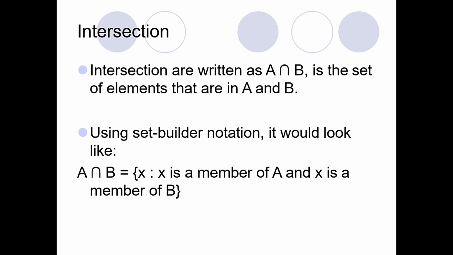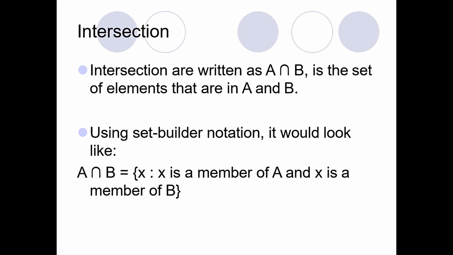Now, let us go to another relationship. This is known as the intersection. The symbol for intersection is the reverse of the union. The intersection A ∩ B is the set of elements that are in A and B. Earlier we said if we talk about union, that is A or B. In the intersection, you consider only the same elements, or the elements that are both in A and in B. So we are considering the same element for the two sets.